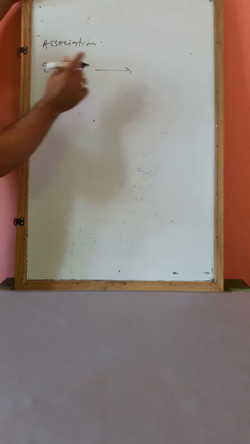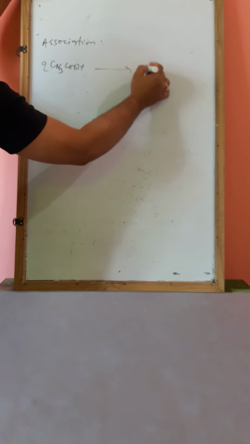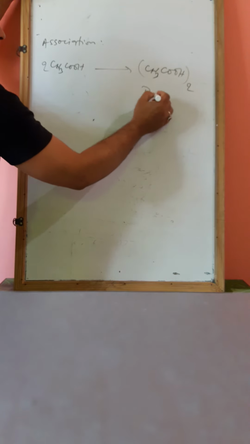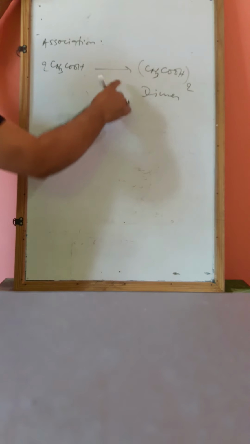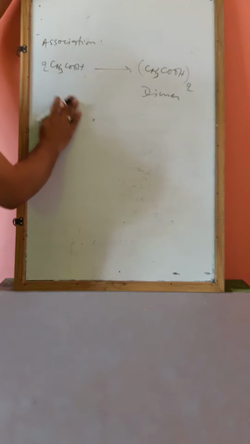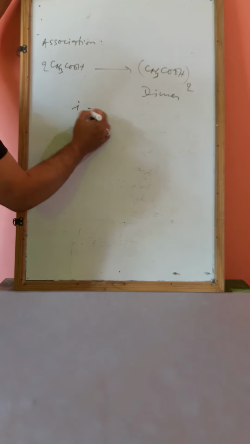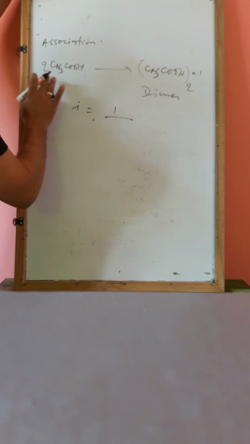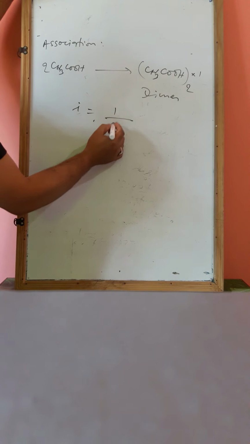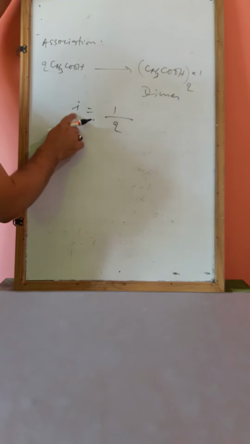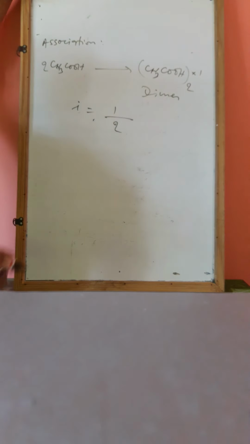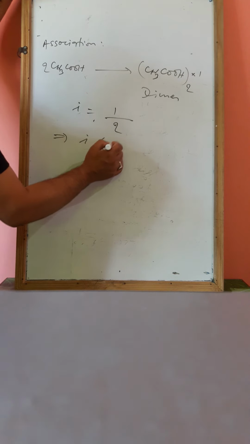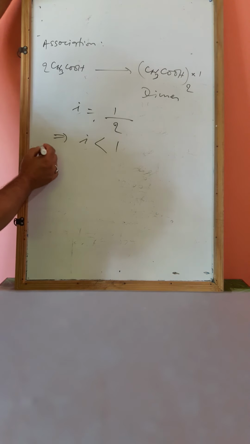Here, two molecules of acetic acid undergo dimerization, (CH3COOH)2 is produced. It is a dimer, so the number of particles is reduced here. So i is equal to the number of particles 1, and before association it was 2. So i is equal to half, that is, i is less than 1.